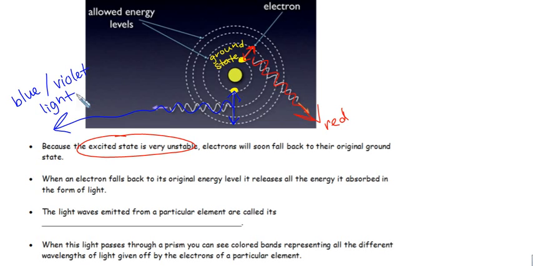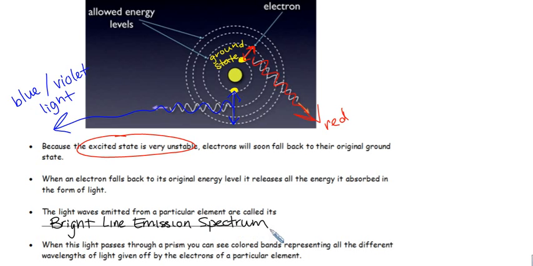Every element will produce a very specific pattern of colors when you excite their electrons and you run that light released through a prism. The specific colors released are called the bright line emission spectrum.